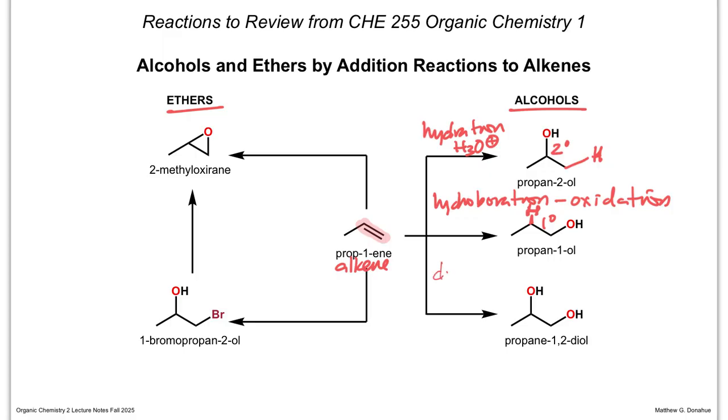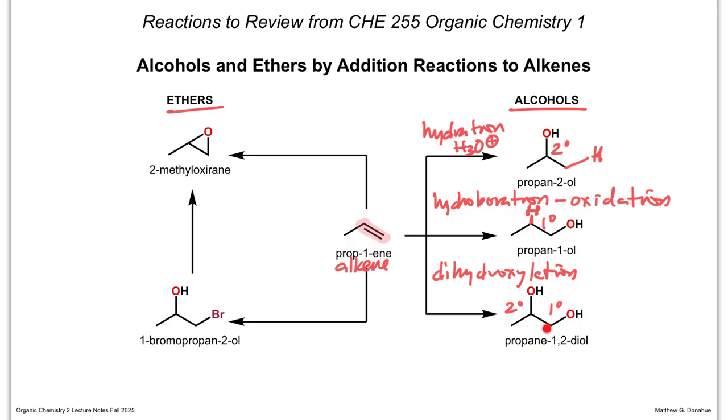The next one was called dihydroxylation. So maybe you don't want primary or secondary, you like both, so you end up with primary and secondary. Each carbon of the alkene is getting an OH group. And some of what we saw with the strategy of synthesis, if this is what you wanted to end up with, that's fine.